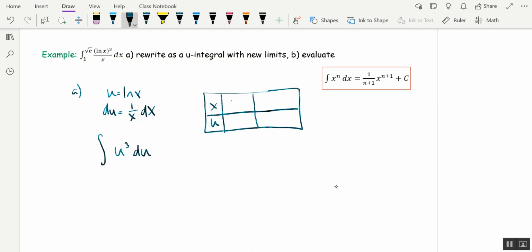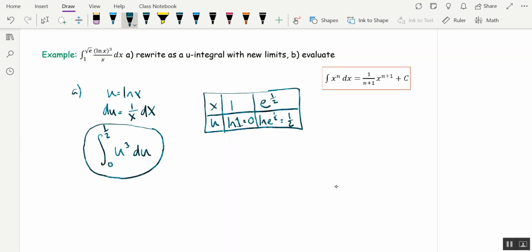My old limits are 1 and e to the 1/2. So to get the new lower limit, I take ln of 1, and that's 0. And then the upper limit is ln of e to the 1/2, which is 1/2. So I'm going to go from 0 to 1/2. And that's the answer to part A.